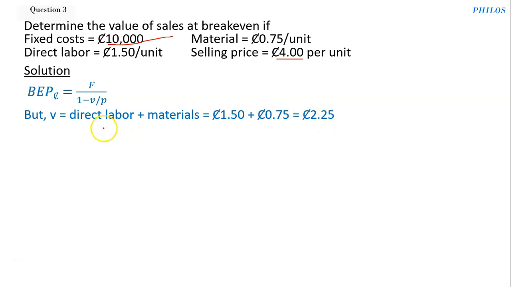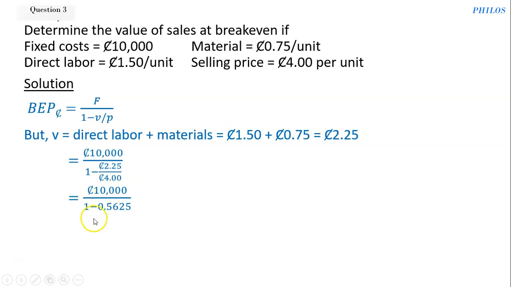So we can now substitute them in the formula. So when we substitute, we have 10,000 divided by 1 minus, now the formula says V over P, so we'll take what we get for V, which is 2.25, over P, which is 4. So when we simplify 2.25 divided by 4, we'll get 0.5625, and 1 minus 0.5625 will give you 0.4375.